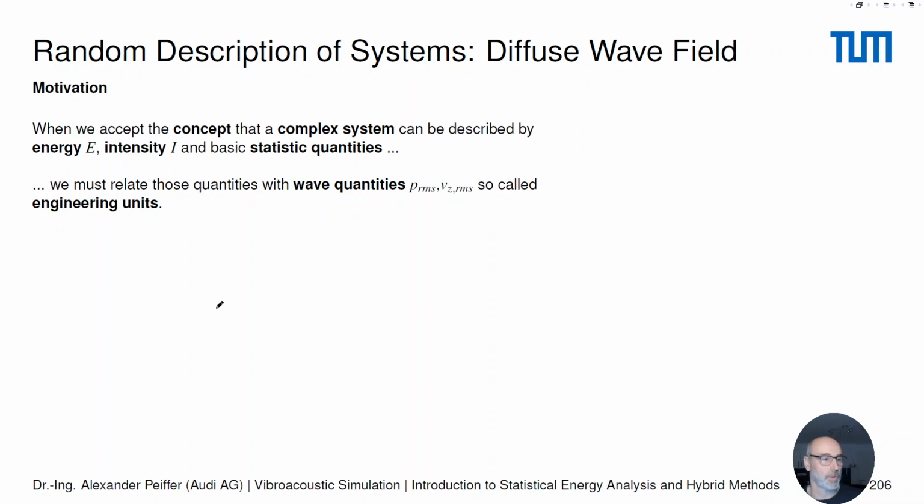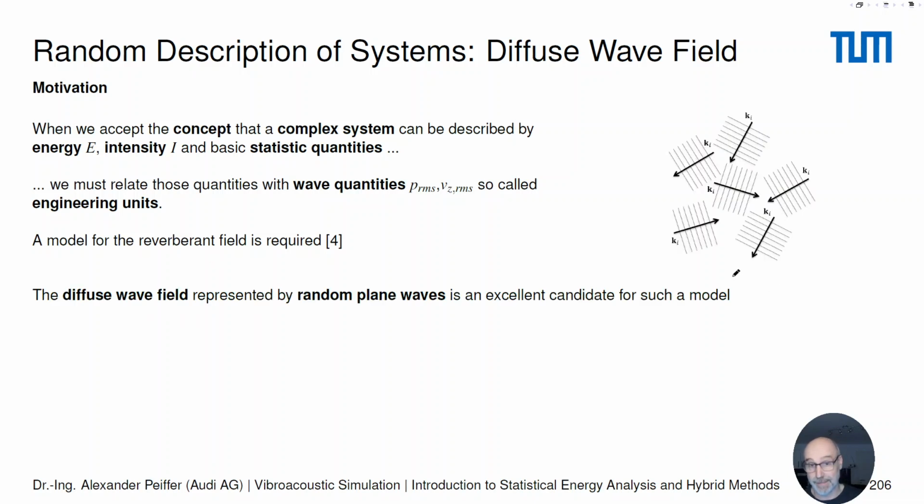Those quantities we call engineering units in the SEA context. If we would like to do so, we need a model for a reverberant field. And one excellent candidate for such a model is a diffuse wave field that is represented by random plane waves.